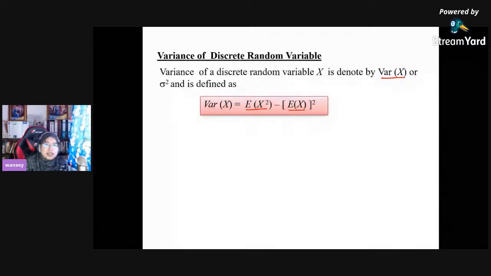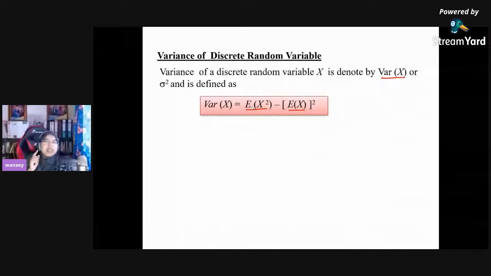So that means there are things that we need to calculate before we calculate the variance. So you need to calculate expectation of x first, and then calculate the value for expectation of x square.